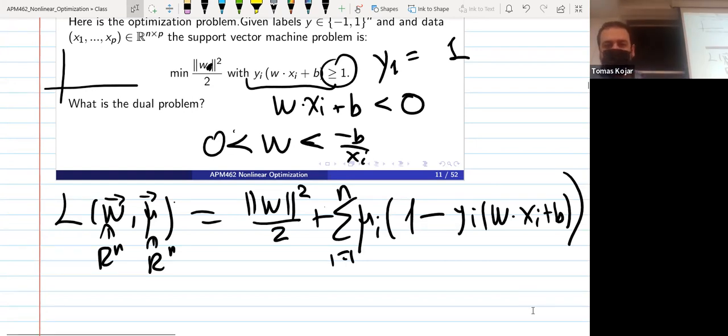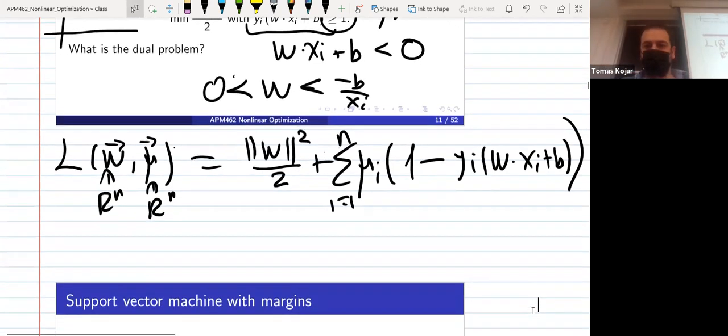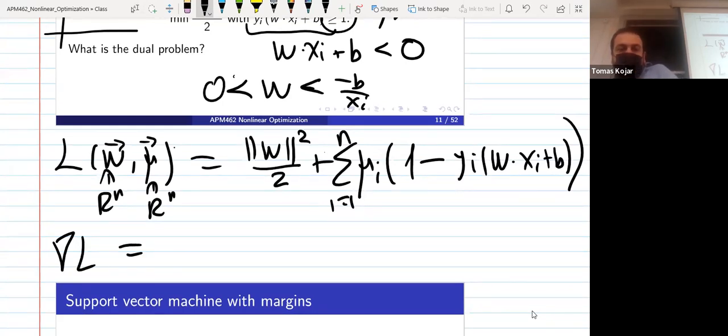Okay, anyway, so this is the dual function. And yeah, let me do the Lagrangian. So the gradient will be W, and then it will be mu minus mu1, y1, x1, minus mu n, yn, xn.